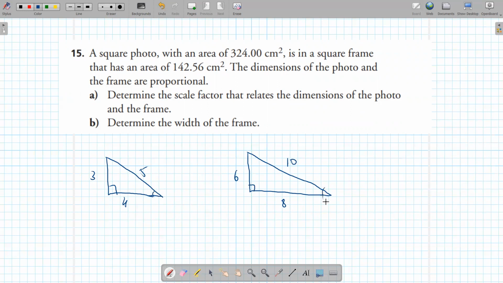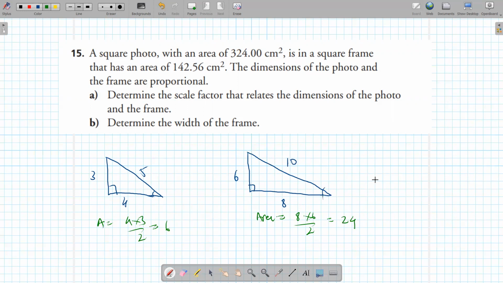Yeah, exactly, it's 2. Now check this out. The area of the bigger one is not going to be the area of the smaller one times 2. So this is something that you're going to have to know. The area here is going to be 4 times 3 divided by 2, 12 over 2, 6. The area here is going to be 8 times 6 divided by 2. That is 24. You see that?